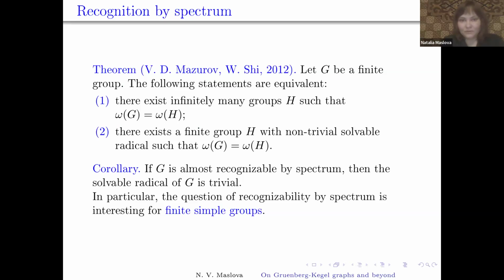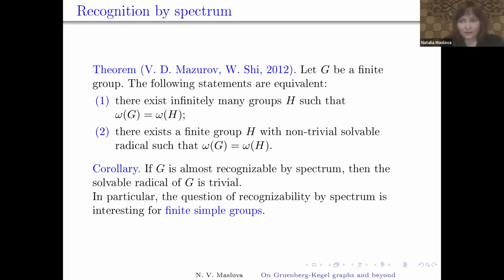A finite group is unrecognizable by its spectrum if and only if there exists a finite group with non-trivial solvable radical such that the spectra of this group and of our group coincide. What does it mean that the solvable radical of a finite group is non-trivial? It's equivalent to the statement that this group has a non-trivial normal abelian subgroup.